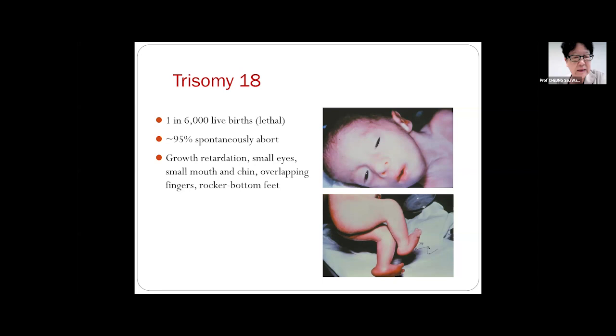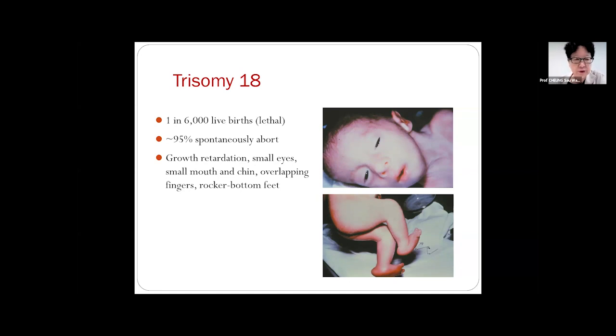Because of that, we considered trisomy 18 lethal, and we sometimes used a stat bone marrow to figure out if it's trisomy 18. If it's trisomy 18, then we will not treat them, and that will save a lot of healthcare cost.